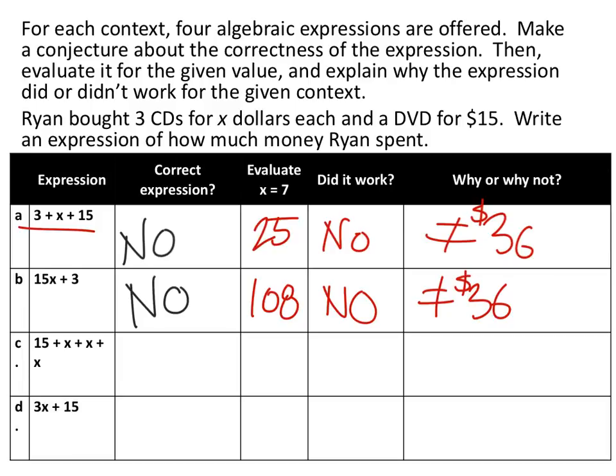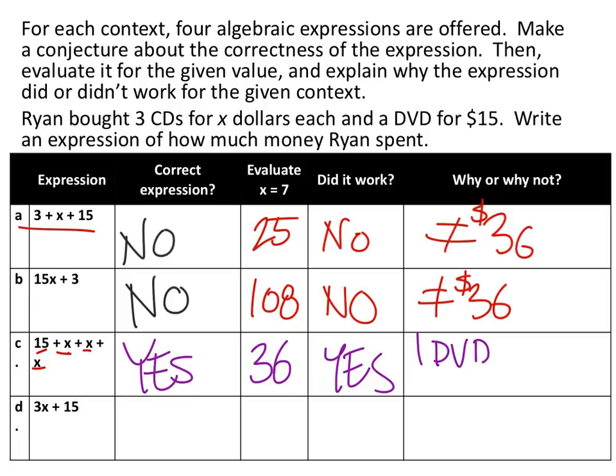On C, notice we have the $15 DVD, and then we have 3 x's being added together. So yes, this one will work. And how much would it cost? Well, 15 plus 7 plus 7 plus 7. You got it, 36. And yes. Why? Because we have 1 DVD and 3 CDs.